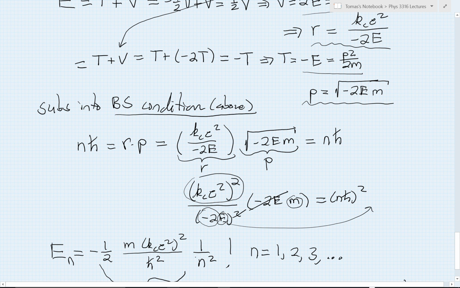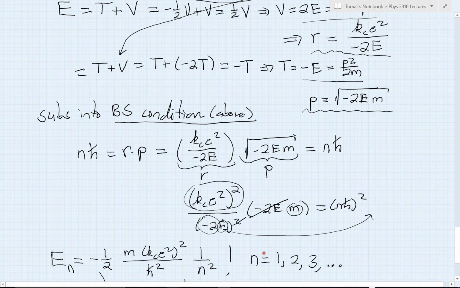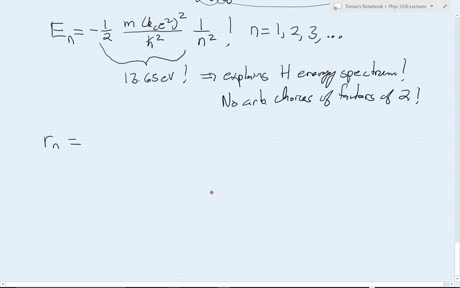You'll notice it's simply Coulomb's constant e squared divided by minus twice the energy. So R_n is again the Coulomb parts, Coulomb's constant e squared, divided by minus twice the energy in the denominator.